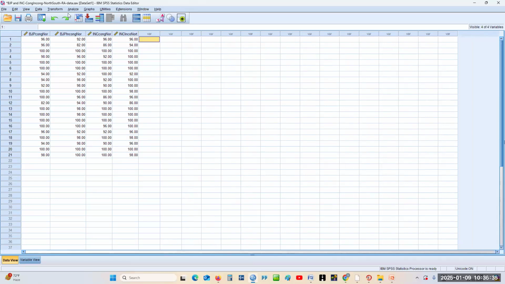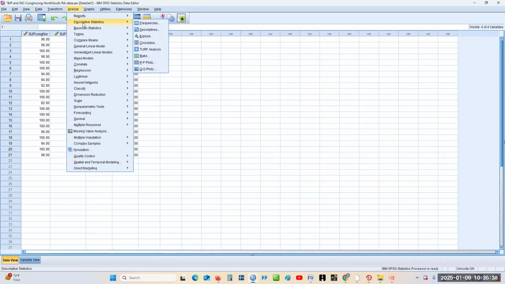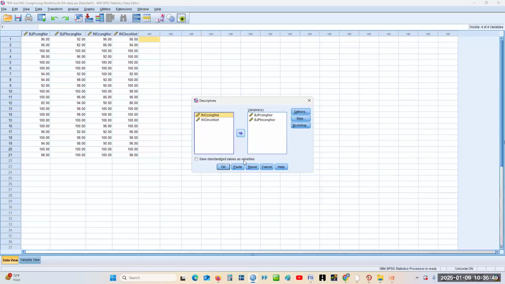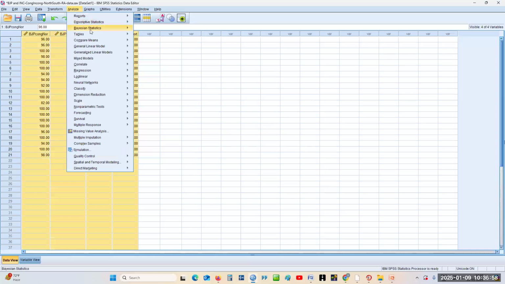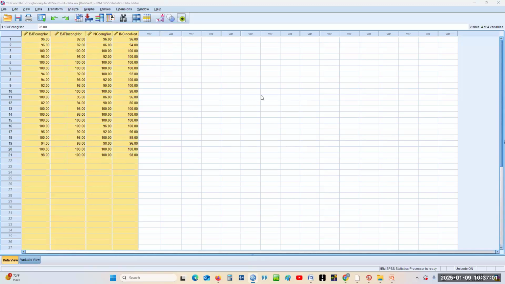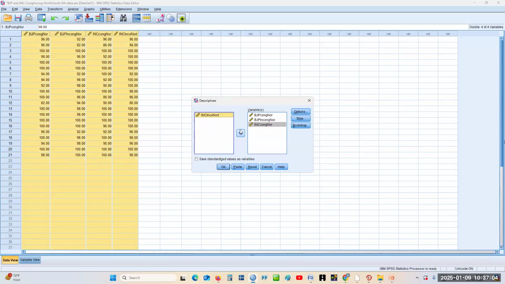In terms of descriptive statistics, we go here and go for descriptive statistics, then select this one. Okay, just 1 minute. Yes, we have here 4 conditions: BJP congruent, BJP incongruent, INC, Indian National Congress, congruent, and Indian National Congress incongruent.